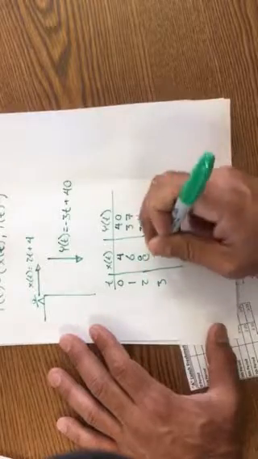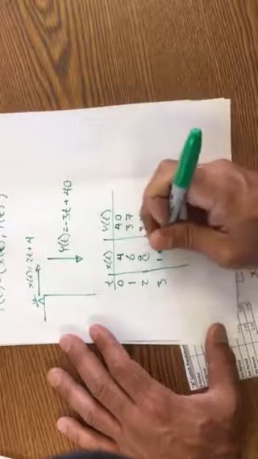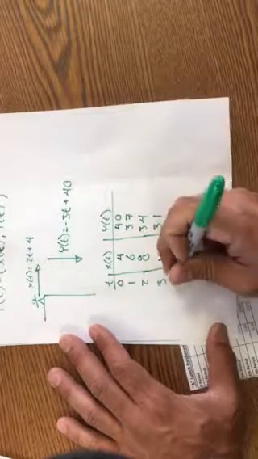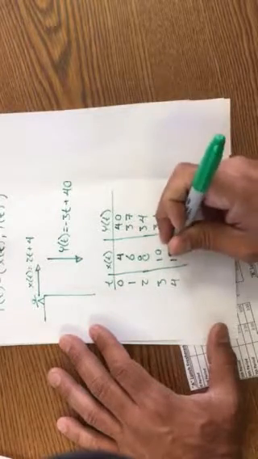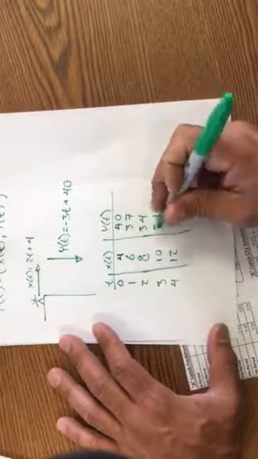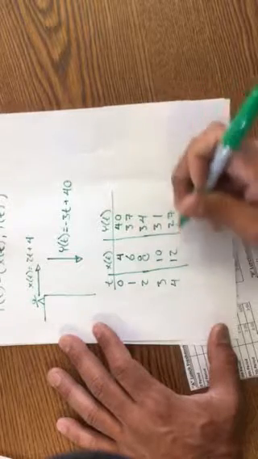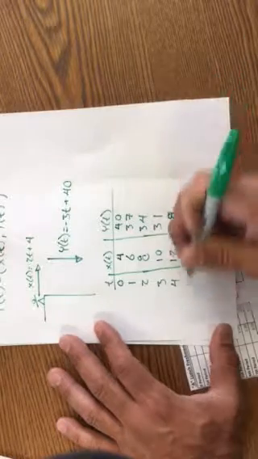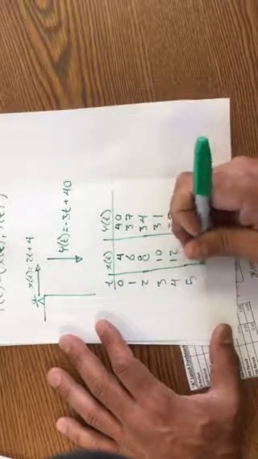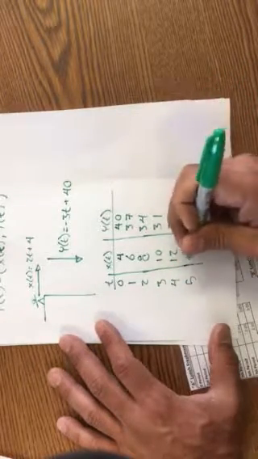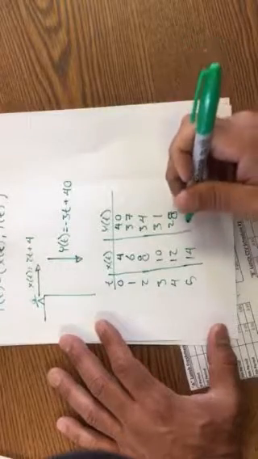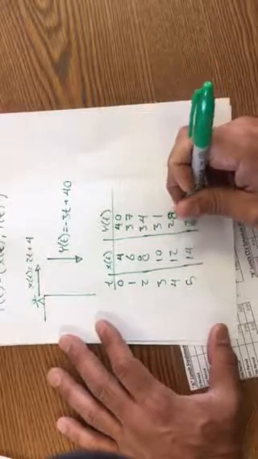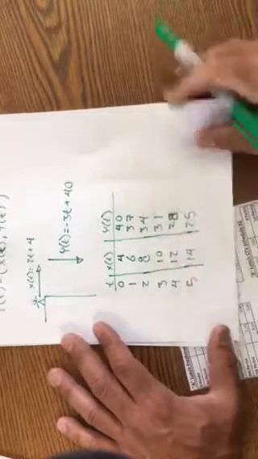When I plug in 3, I'm going to be at 10. When I plug in 3, I'm going to be at 31. When I plug in 4, I'm going to be at 12. I'm going to be here at 28. When I plug in 5, I'm going to be at 14. When I plug in 5, I'm going to be at 25. So this is kind of what's happening.